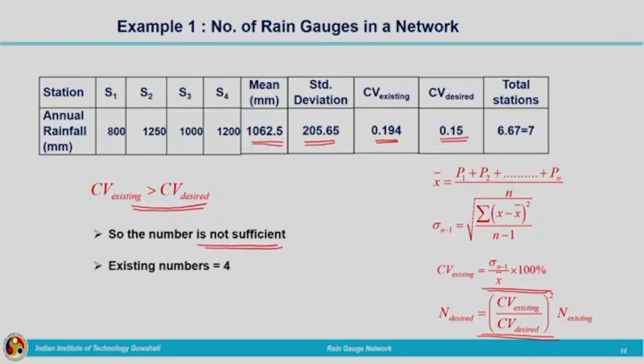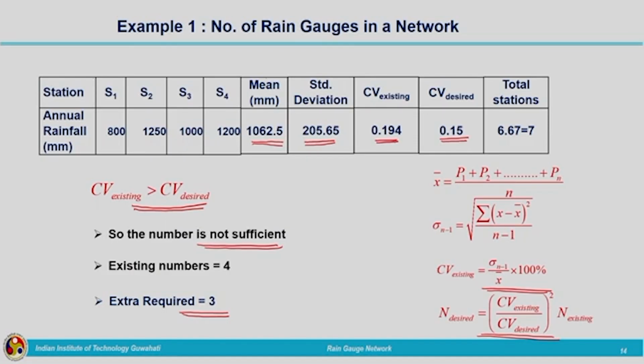Existing, 4 rain gauges are there, and the extra required is N desired minus existing, which comes out to be 3. So, in this particular catchment, which was providing this annual rainfall from each of the rain gauges, we need to provide 3 more rain gauges, so that we get accurate measurement, an accurate spread of the rainfall data within that catchment.